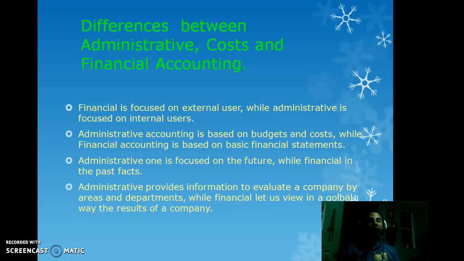Administrative accounting is based on budgets and costs, while financial accounting is based on basic financial statements such as balance sheet, income statement, equity statement, cash flow statement. Administrative one is focused on the future, while financial is focused on facts. Administrative provides information to evaluate a company by areas and departments, while financial lets us view in a global way the results of a company.